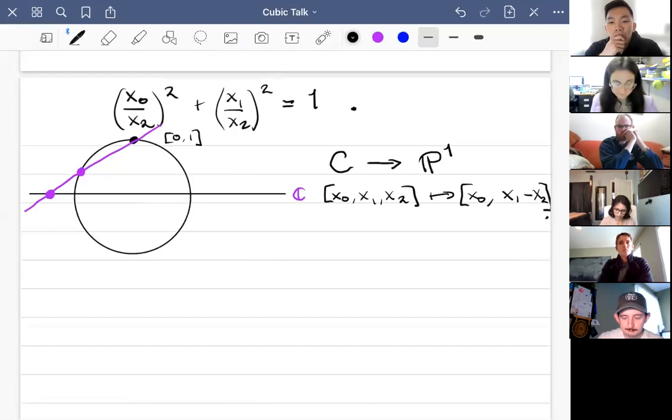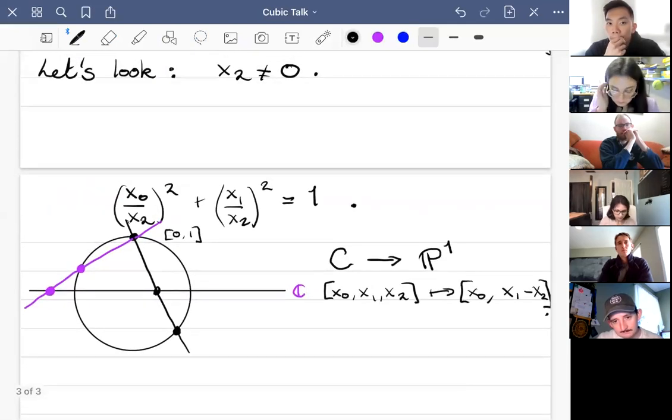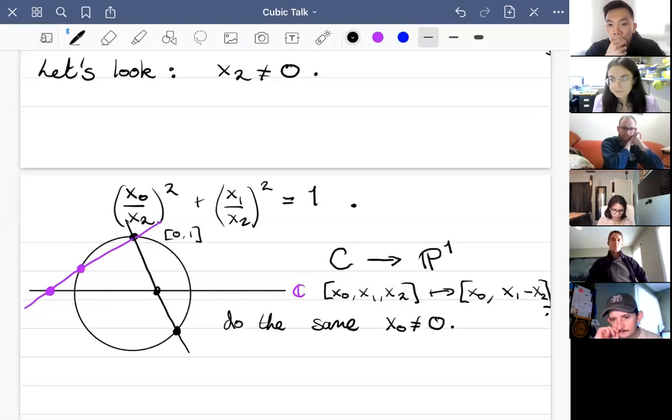And so this map from C to P1, just by projecting through these lines, is going to be defined everywhere on the circle apart from the North Pole. So in order for this to be a well-defined map, we can look in a different chart. We pick the chart x0 not equal to 0, and we can do the same thing. And we can glue these maps together.